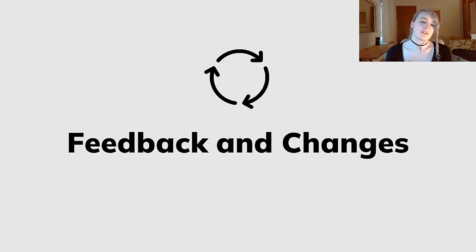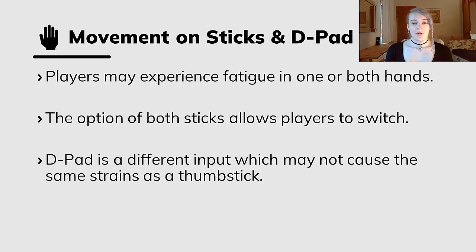So I'll talk a little bit about some of the specific pieces of feedback and the changes that we made. One of them was to do with movement. We only had movement on one stick, and we have very light controls: the triggers, the stick, and the face buttons.